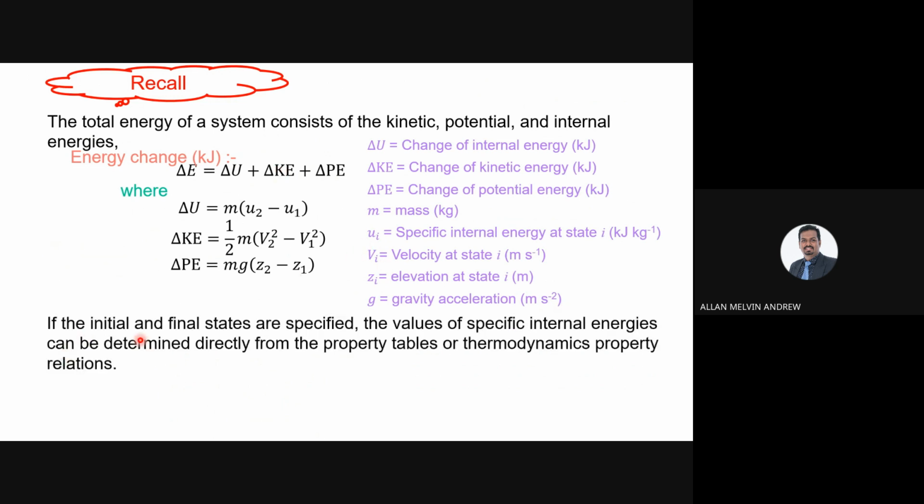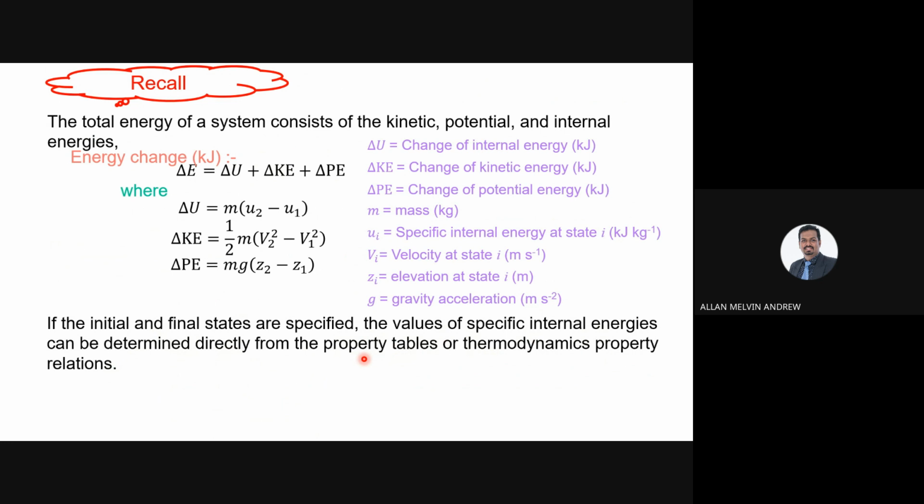If the initial and final states are specified, the values of specific internal energy can be determined directly from the property table or thermodynamic property relation. This is if you are using the thermodynamic table. This was in the previous syllabus, but since we are only studying the basics now, we already removed that part.